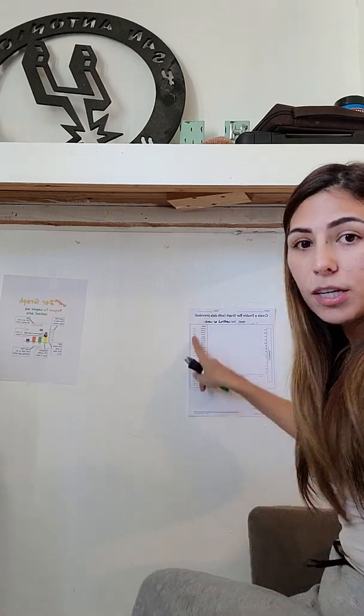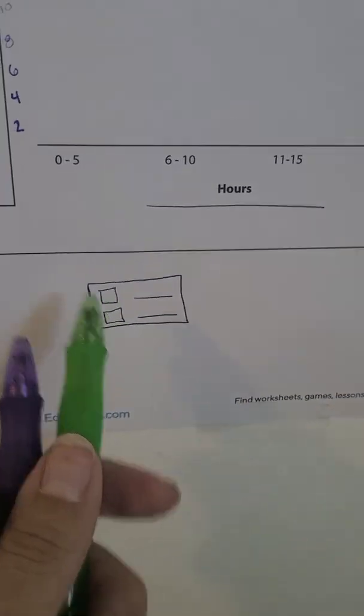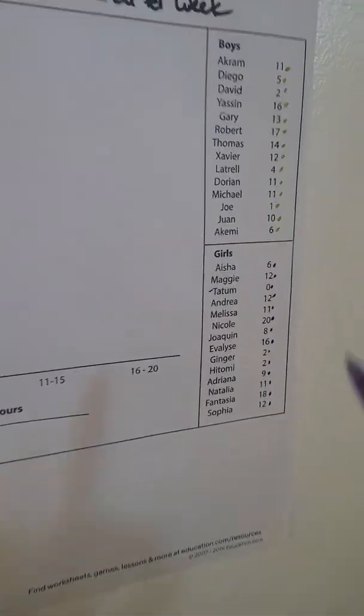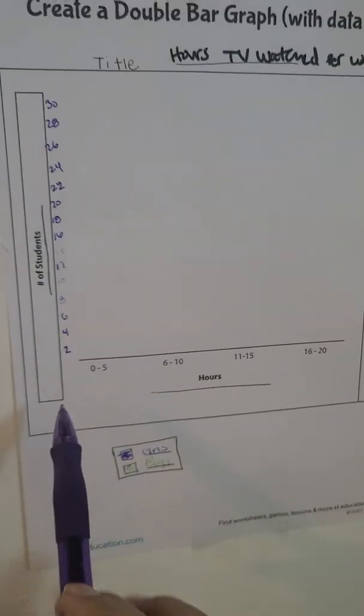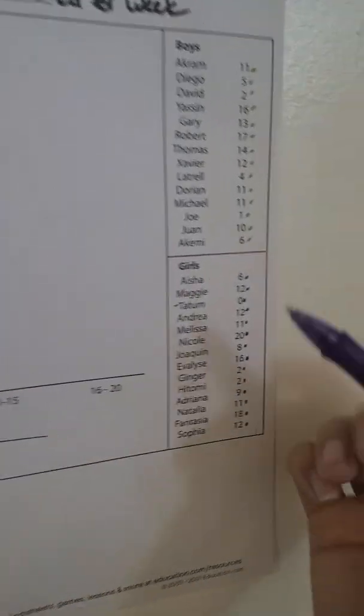So with our information already right here, let me show you. We're going to need first our key box down here. Let's do purple for girls, green for boys. Okay, so we got purple girls, green boys. For the first one, let's start off with the girls. So we have to find all of the girls who watched TV for between 0 and 5 hours a week.